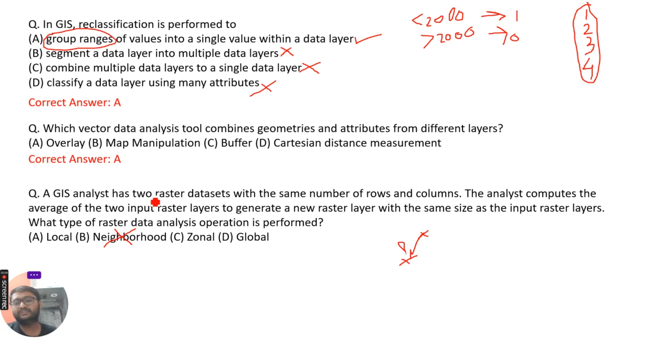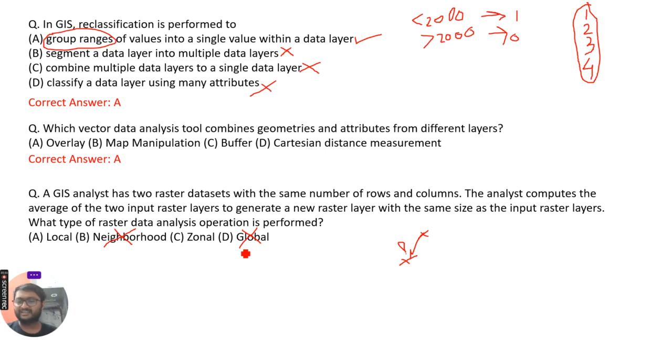That is known as a global value or global data. Even if we have different polygons or regions, we get just one value representing the entire globe. So that's why the option global is also wrong, because in global we get just one value for the entire area.